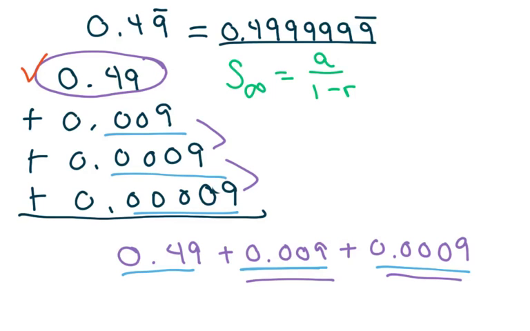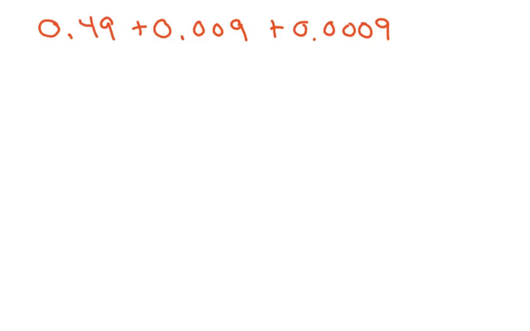So if I do my common ratio, you can either use a calculator or you can just do this one. Let me do it on the next slide. We have 0.49 plus 0.009 plus 0.0009, and we keep adding an extra 0. If I write this in fraction form, I'm not going to look at this one, I'm just going to look at these.